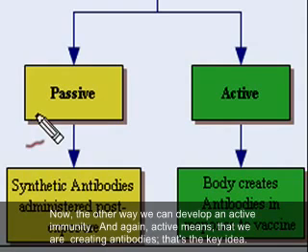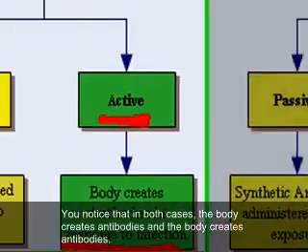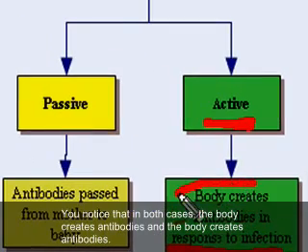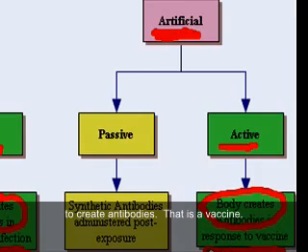Now, the other way we can develop an active immunity, and again, active means that we are creating antibodies. That's the key idea. Notice that in both cases the body creates antibodies. The difference is with the active immunity that is gained artificially, you are being given something to cause your body to create antibodies, and that is the vaccine.